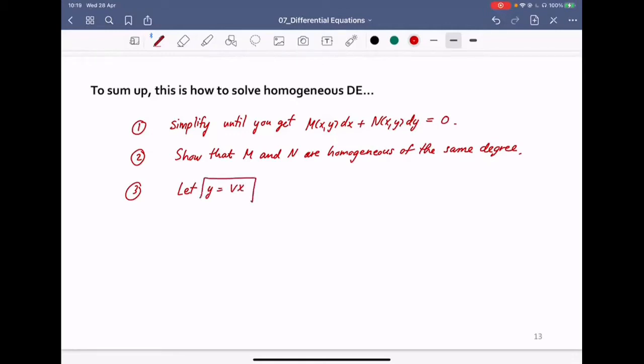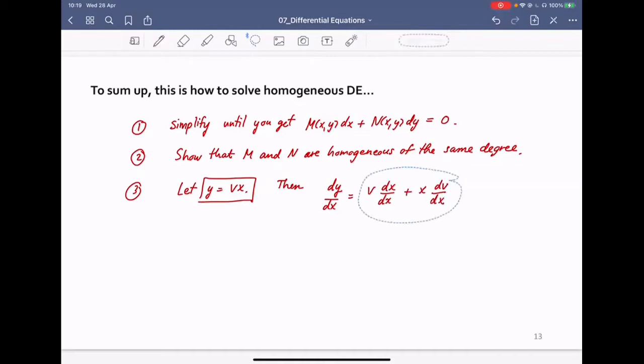Once you let v equal to y over x, if you differentiate dy by dx, you get v dx by dx plus x dv by dx, because you use the product rule. One more time here: let's differentiate y with respect to x, but y is vx.